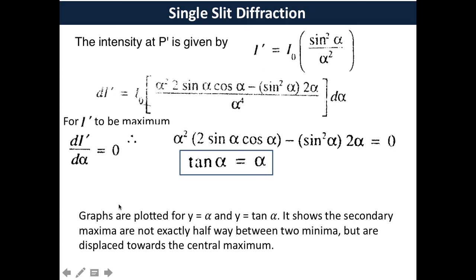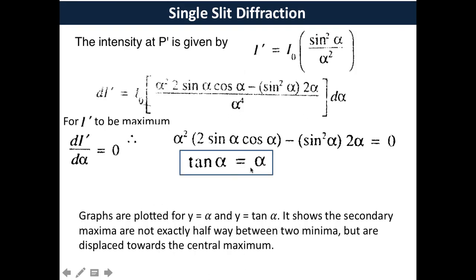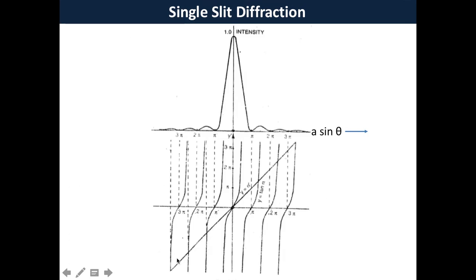So graphs are plotted for y is equal to alpha and y is equal to tan alpha. It shows the secondary maxima are not exactly halfway between the two minima, but are slightly displaced towards the central maximum. Here the minima are pi, 2 pi, 3 pi, and the maxima are 3 pi by 2, 5 pi by 2, 7 pi by 2. According to this equation, y is equal to alpha is nothing but a linear line.